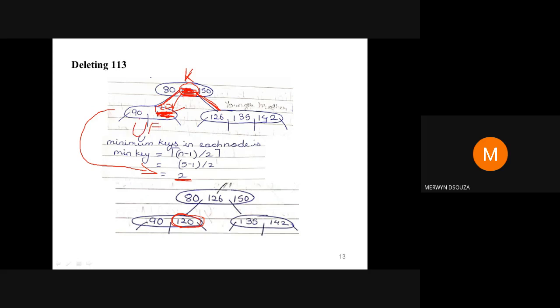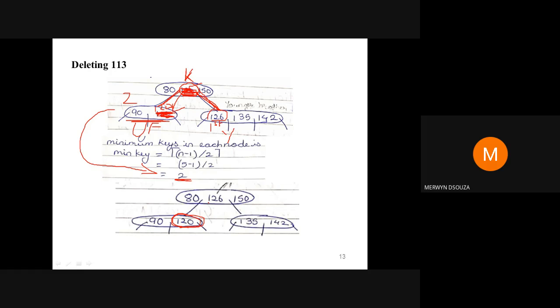Now you can see the number of values is proper. It should have at least 2 values and it has 2 values. But now there is no value separating both the nodes. So in order to rectify that, the first value of the younger node is sent on top.